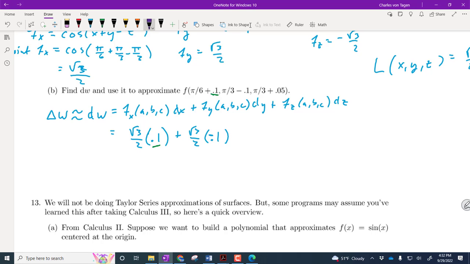That's this one right here. Plus, minus the square root of 3 over 2 times 0.05. Could I get a decimal approximation of that, please? 0.6299. So let's call it 0.630.